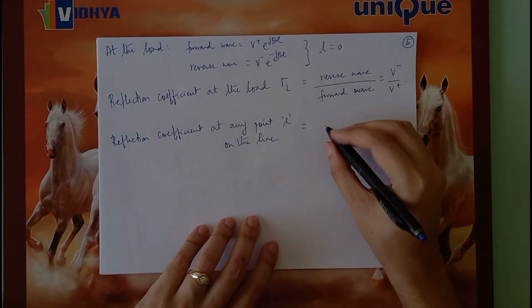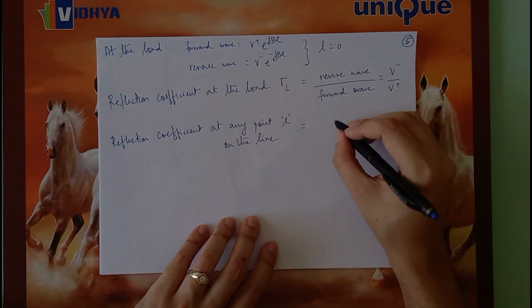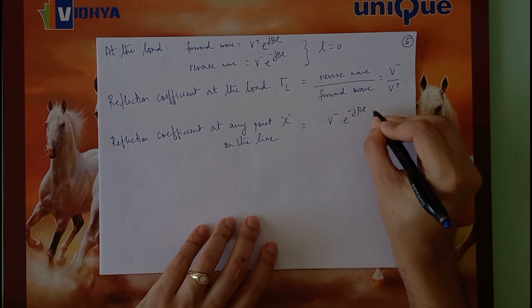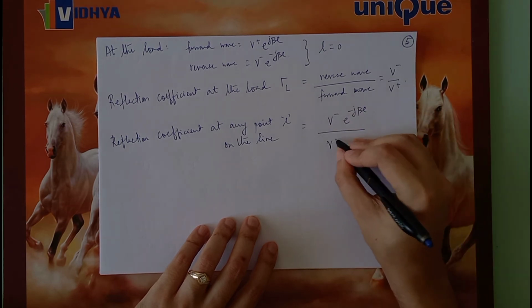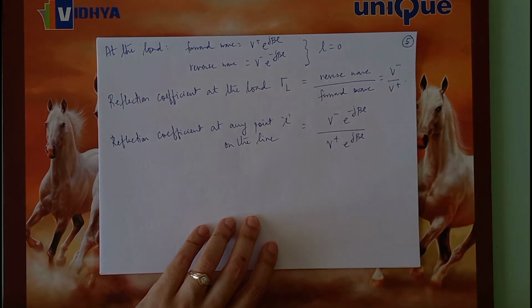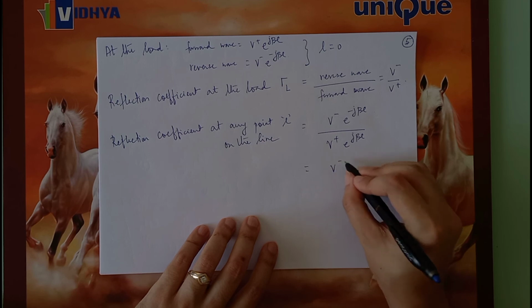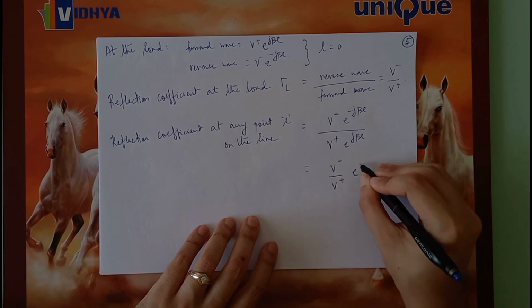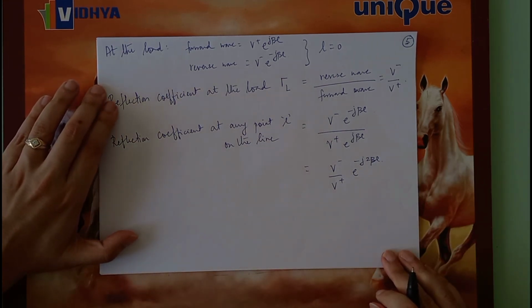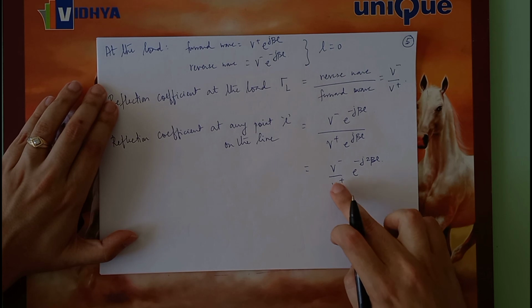So at any point L, effectively we have V minus times e raised to minus j beta L as the backward wave, and V plus e raised to j beta L as the forward wave. So this essentially becomes V minus by V plus times e raised to minus 2j beta L. But what is this quantity?